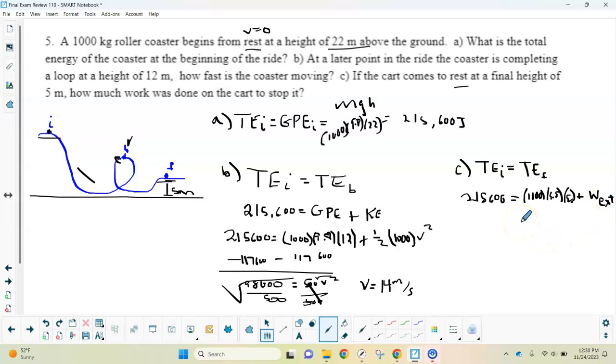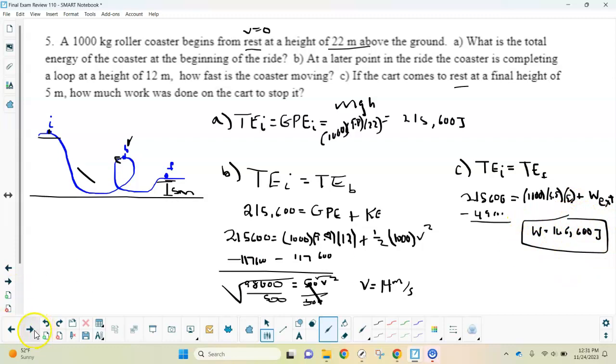So if you put in 5,000 times 9.8, you get 49,000, excuse me, and then you subtract 49,000. And then you get the work is 166,600 joules. That is the answer to part C.